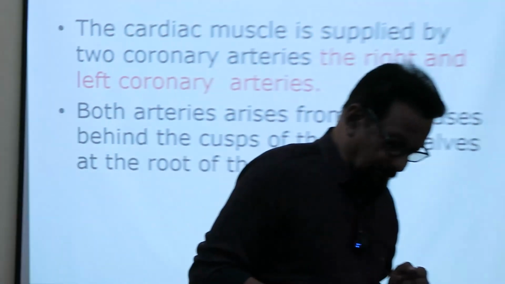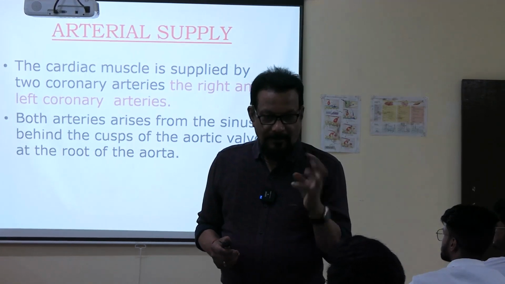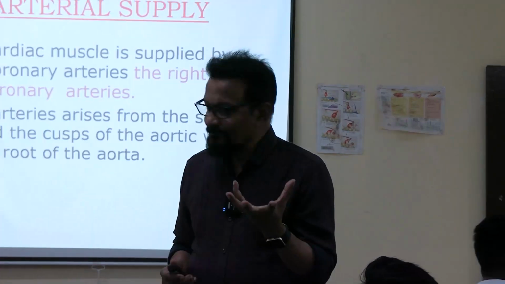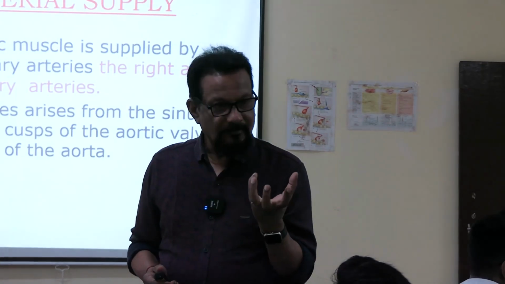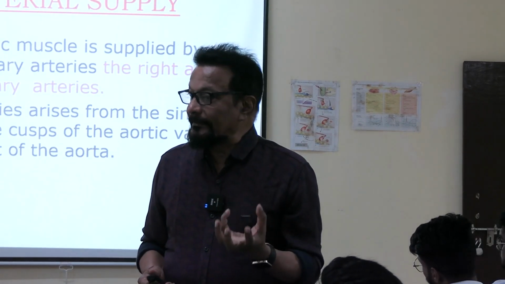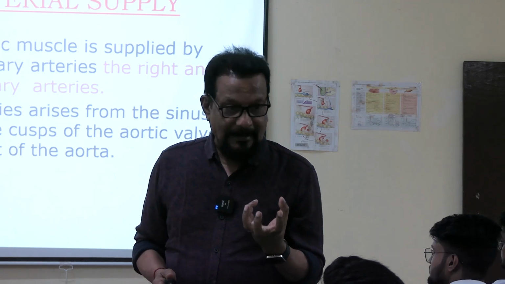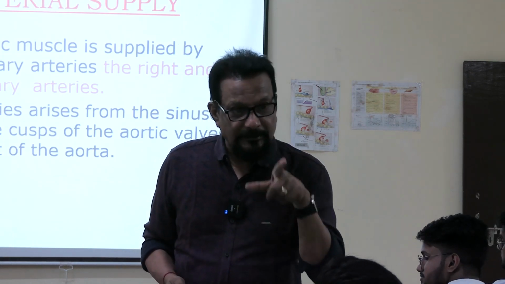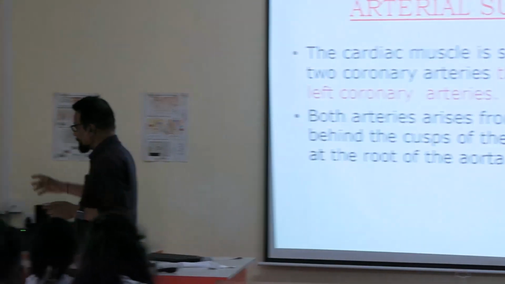That is another cause of decreased coronary blood flow into the myocardium during contraction. What do you think? The ventricular muscles, when will they get more blood supply through the coronary artery, during systole or diastole?